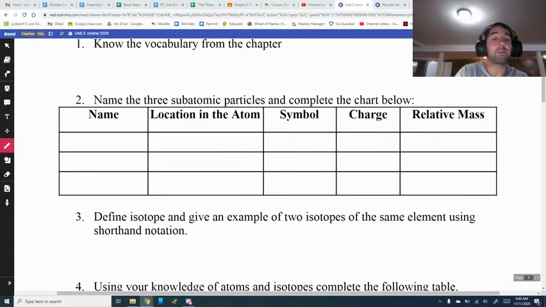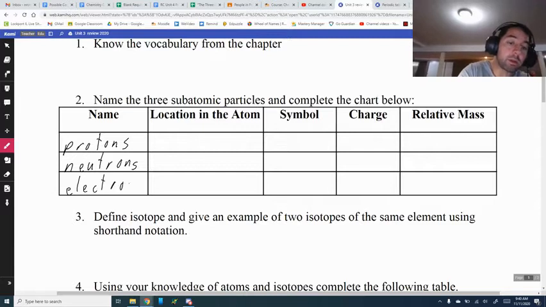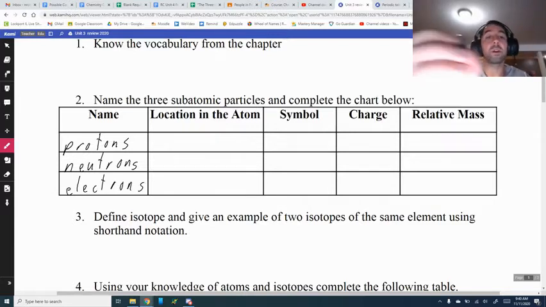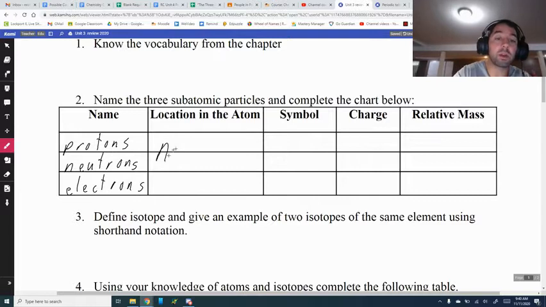So, next we have our subatomic particles. As you should know, there are three of them. We have protons, neutrons, and electrons. Okay, the location in the atom: the protons and neutrons are both in the nucleus.